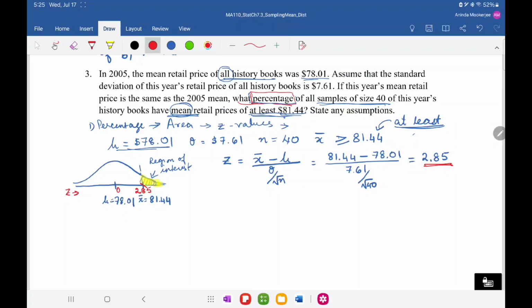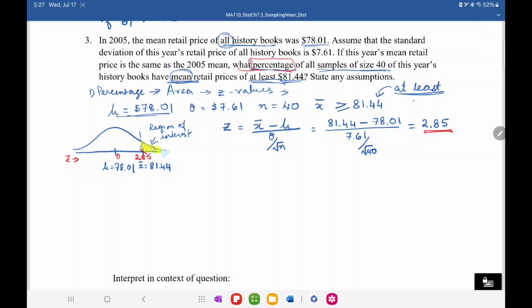So now that we have our z value, we are ready to go to our table, the z table, and find the area. Now, I'm going to take a pause and first pull up the table, and then we are going to continue with finding the area, because I just want to show you the process of finding the area one more time using the table. So now, before we go to the table, we have to remember that we are interested in the area to the right of the z value 2.85.